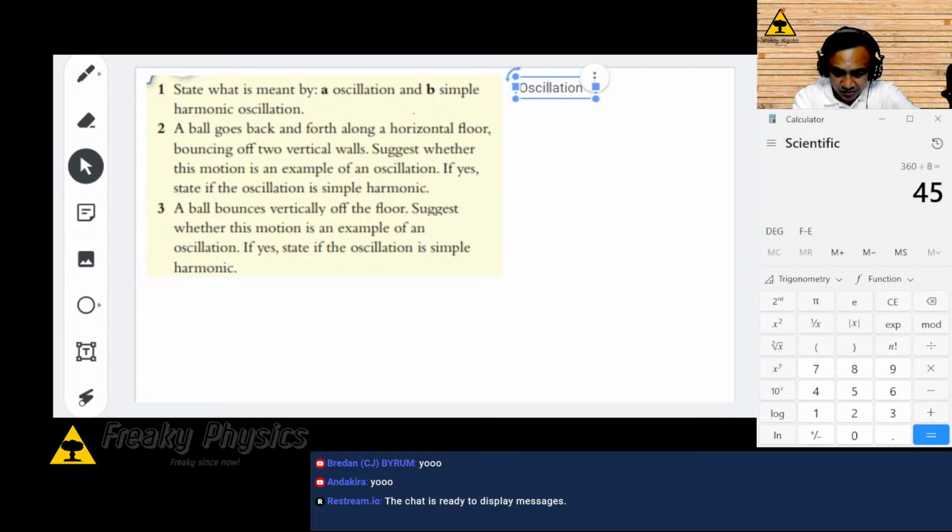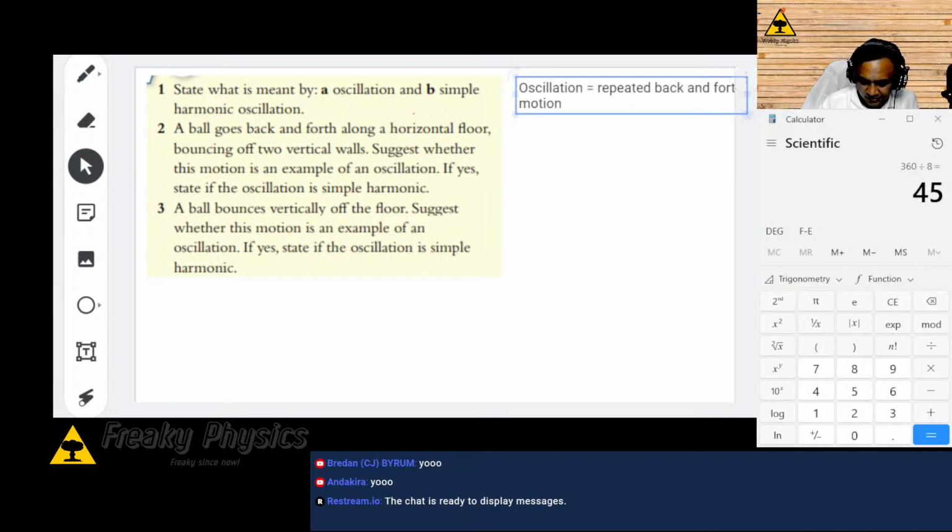How about simple harmonic motion? Not quite. It has something to do with oscillations. Simple harmonic motion is basically oscillation, but it's got a special condition.